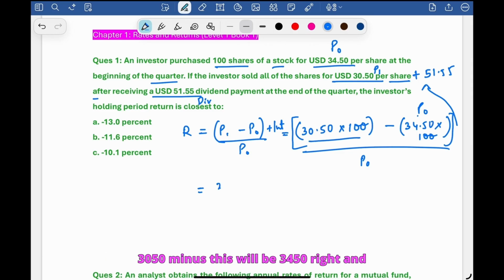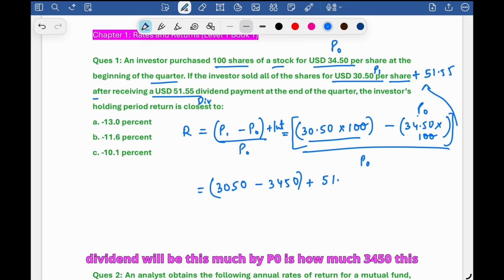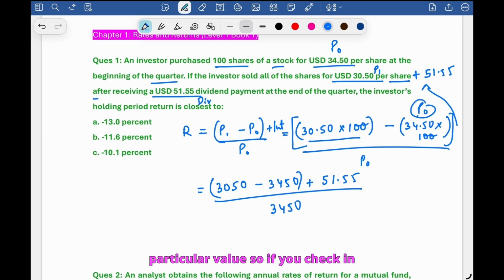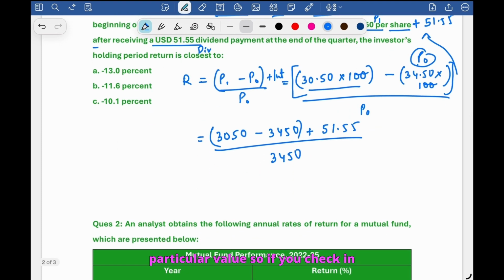This will be 3050 minus this will be 3450, right? And the dividend will be this much, divided by P0, which is 3450. So if you check, 3050 minus 3450 is coming out to be minus 400, plus 51.55.